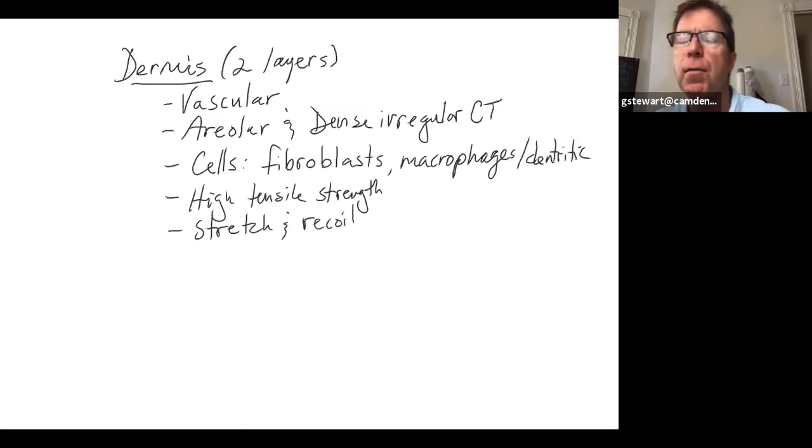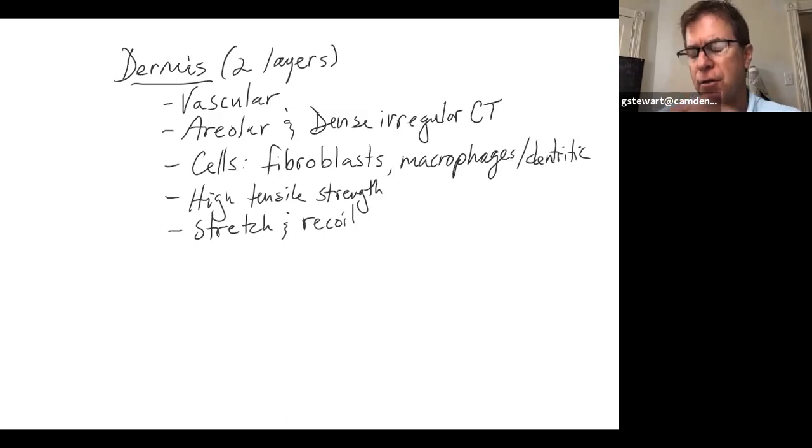So it's really the dermis that gives our skin its physical characteristics. In other words, mostly how soft it is, how far you can pull it, and how easily it snaps back, how strong it is. All of those features, characteristics are determined by the dermal layers.